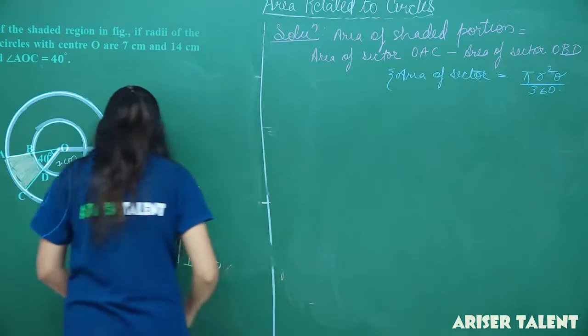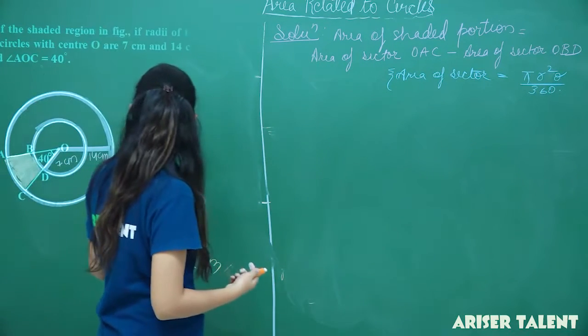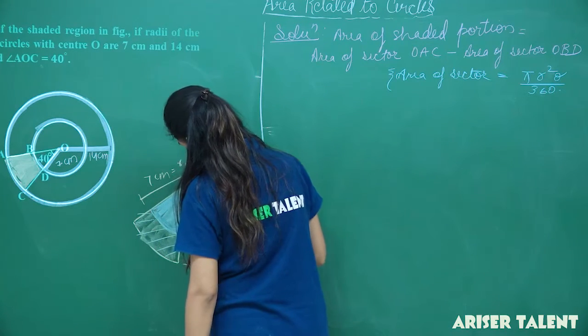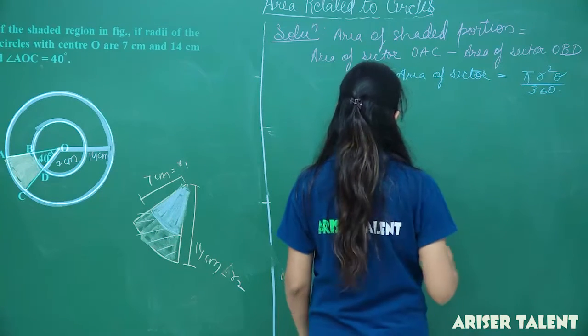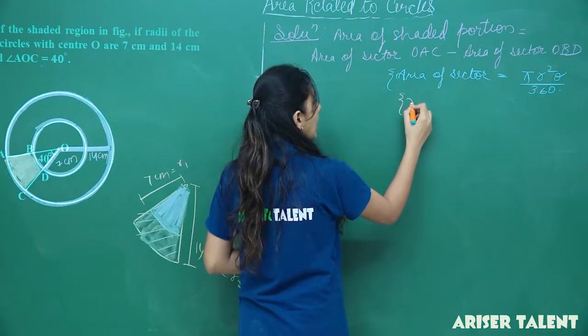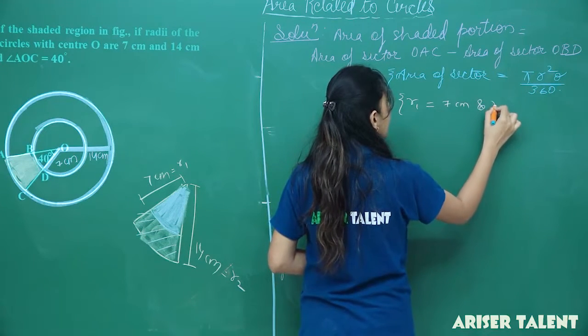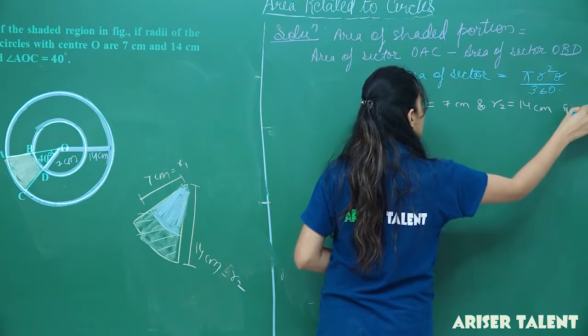So I am using this formula here. Now, provided with the radius, let us suppose this is r1 and this is r2, right. So r1 equals 7 centimeter and r2 equals 14 centimeter, given.